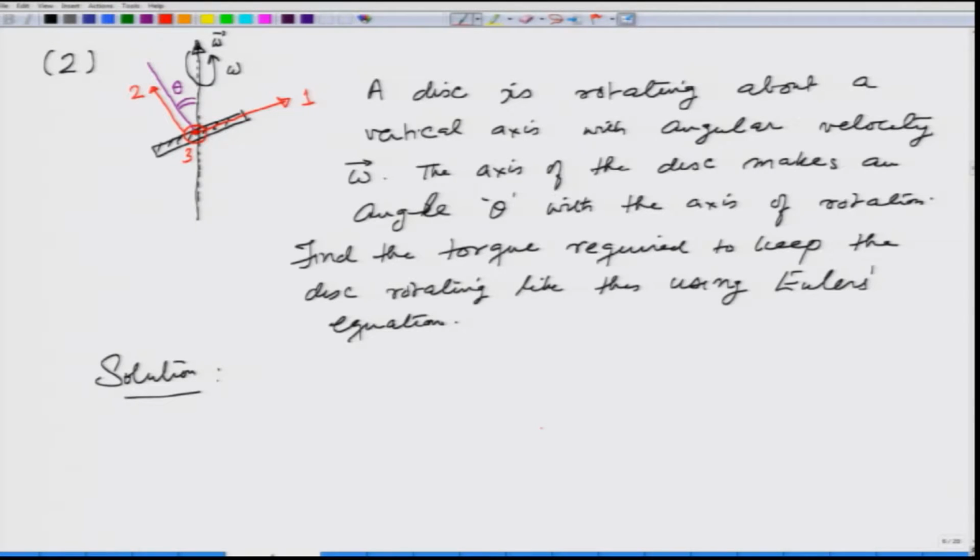As the disc rotates, obviously these axes are rotating, but what remains the same is that omega 1, that is a component of omega along axis 1, is omega sine of theta, and this gives me omega 1 dot is equal to 0. Omega 2 is equal to omega cosine of theta, and this gives me omega 2 dot is equal to 0. Omega 3 always remains 0, and this implies omega 3 dot is also 0.